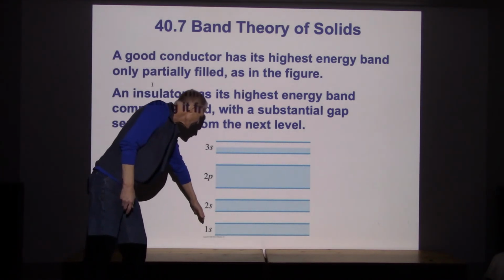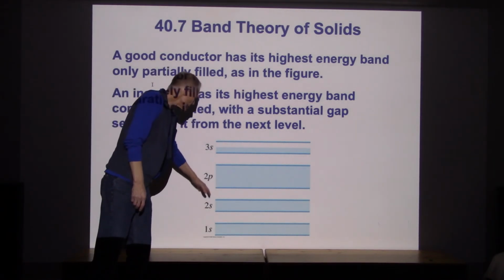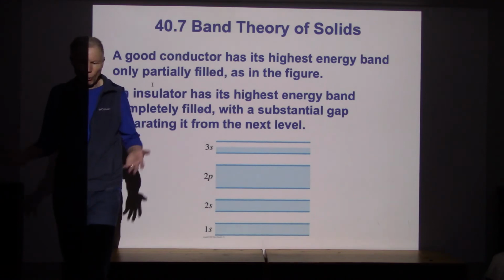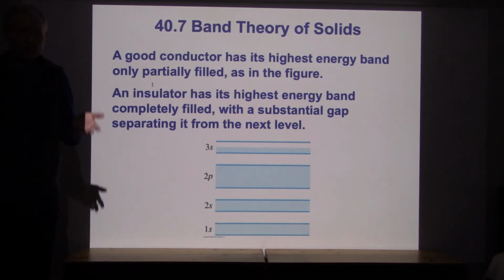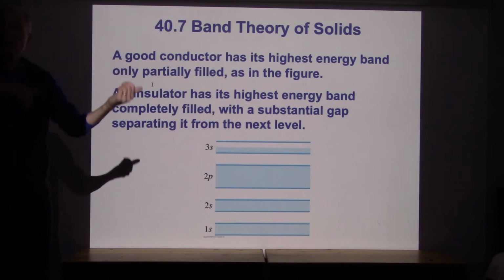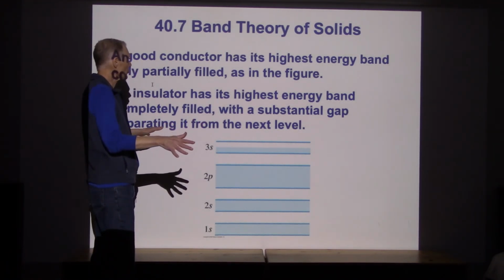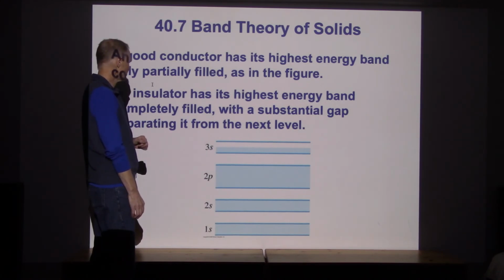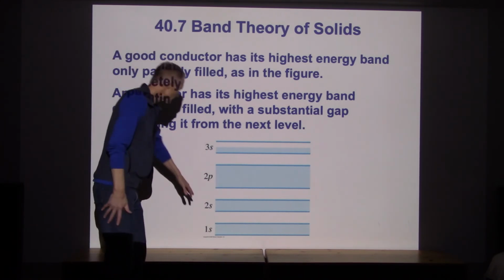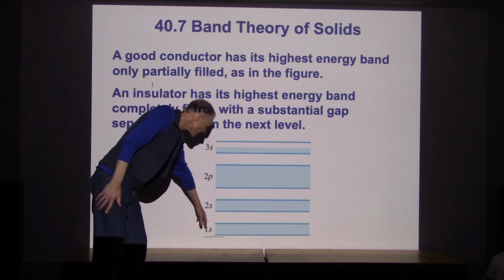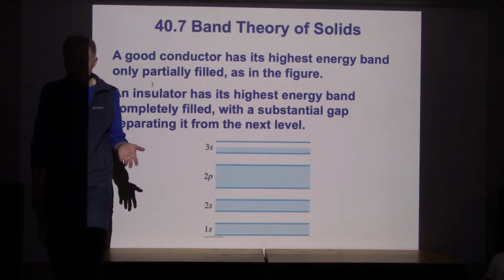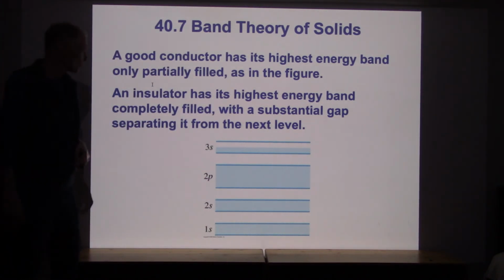And what it's saying is, even though the 1s and the 2s and the 2p are thought of as core electrons, there's always going to be a little bit of overlap with the wave functions of neighboring atoms. So we could take the extreme view and say that everything is in terms of different bands of energy states, different bands of wave functions.